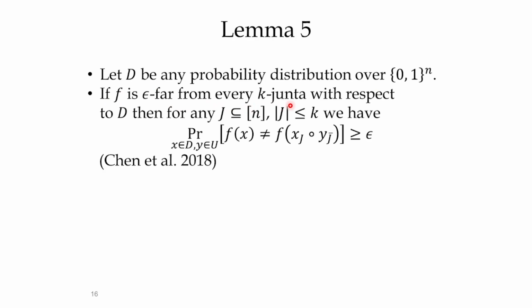If f is epsilon far from every k Junta with respect to D, then for any J ⊆ [n] where the size of J is less than or equal to k, we have that the probability, where x belongs to the distribution D and y is uniform, of f(x) not equal to f(x_J concatenated with y_J̄) is greater or equal to epsilon.